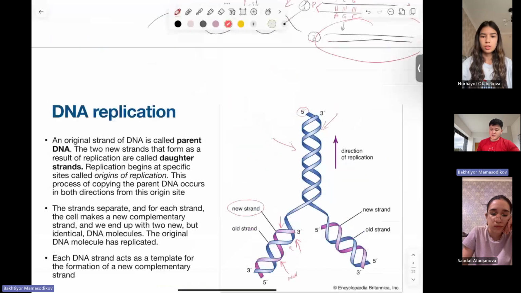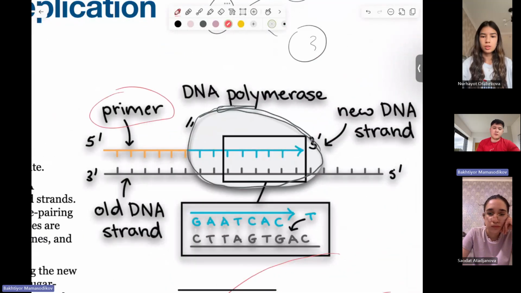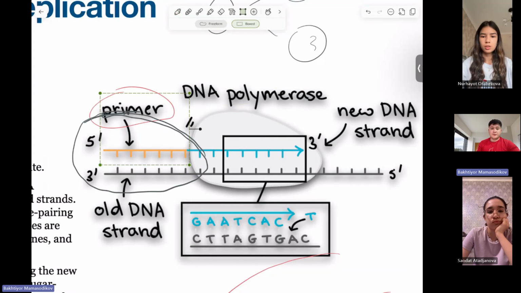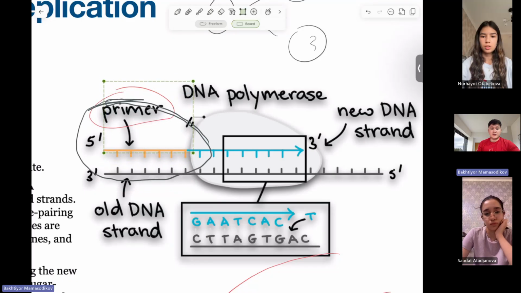So what's a primer? Here I forgot to tell you about the primer. Primer is where the DNA polymerase sits first, okay? To the primer, first of all, DNA polymerase is going to start.